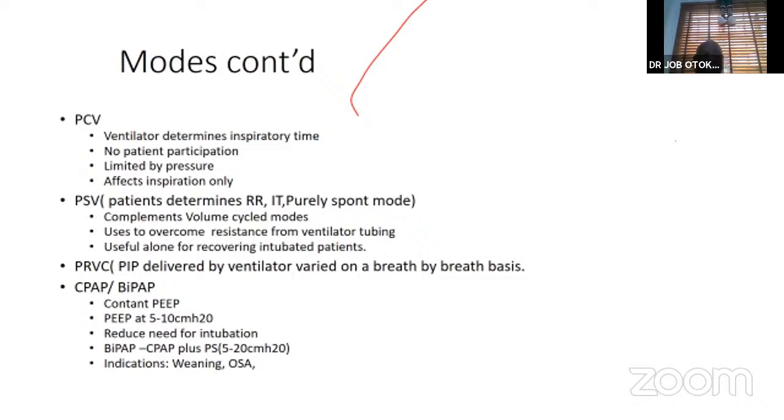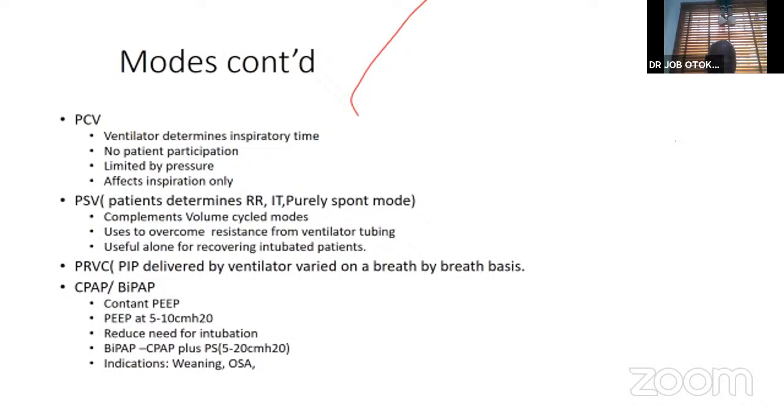PSV is used most times when you want to wean off the patient, or you want to assess the patient's recovery from paralysis. In PSV you add some pressure support, and you can have a patient who is spontaneously breathing, and you want to just support every effort the patient makes and see how much the patient is actually making.